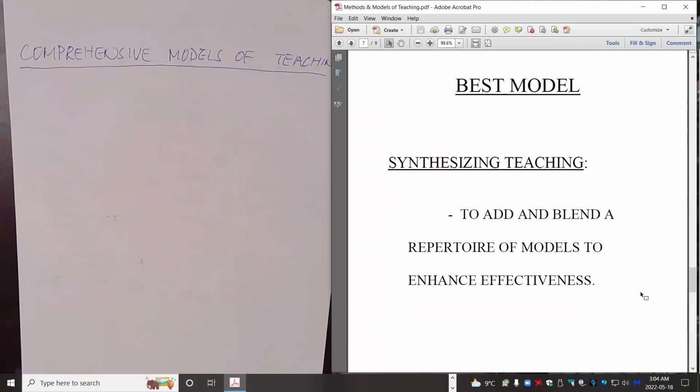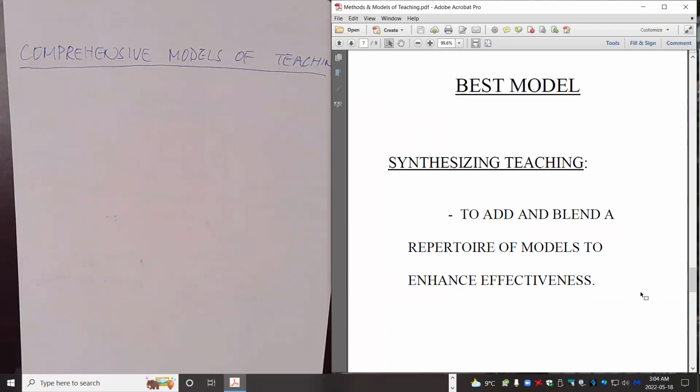Anyway, the best model is called synthesizing teaching. What is it? To add and blend a repertoire of models to enhance teaching effectiveness. In other words, a rigid adherence to a single teaching strategy as a means of achieving a unique goal is to be avoided at all costs.